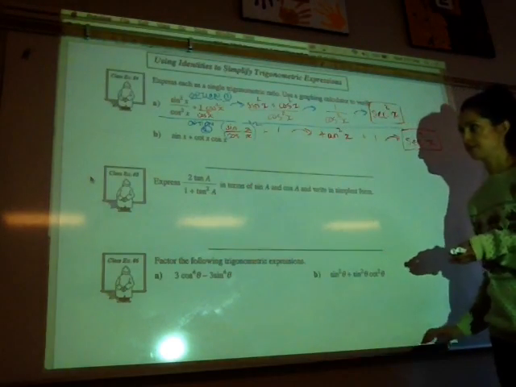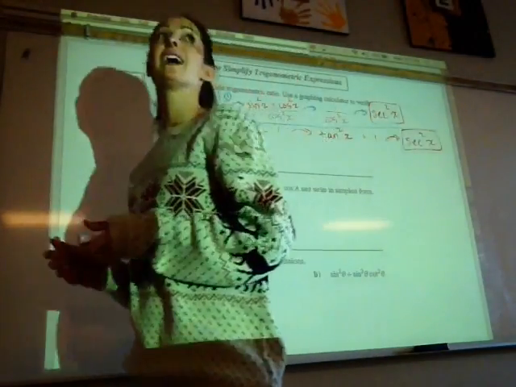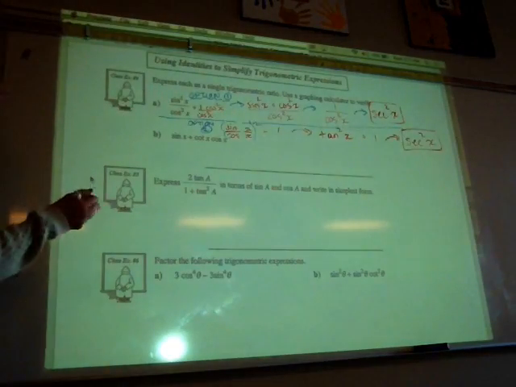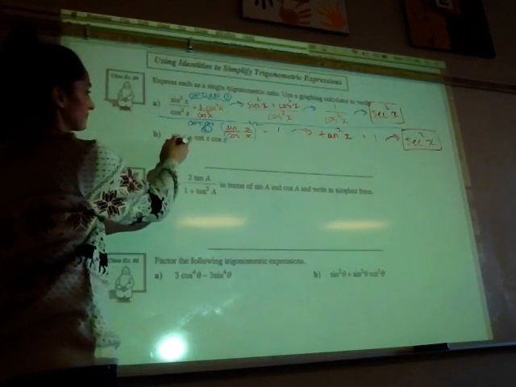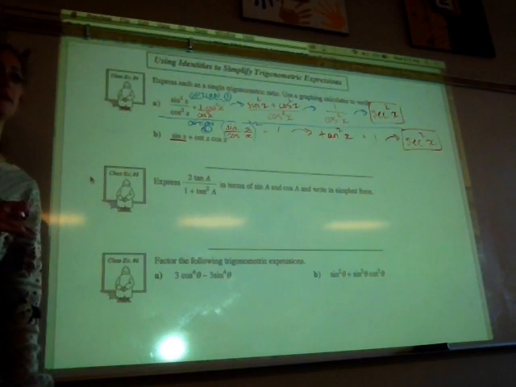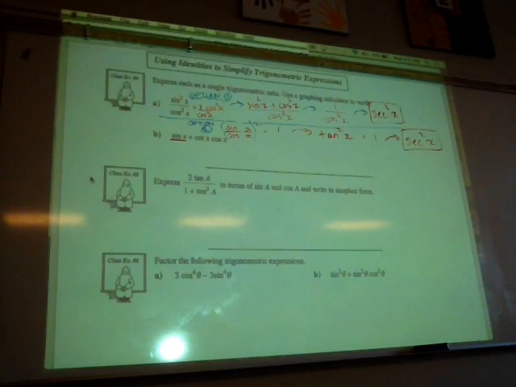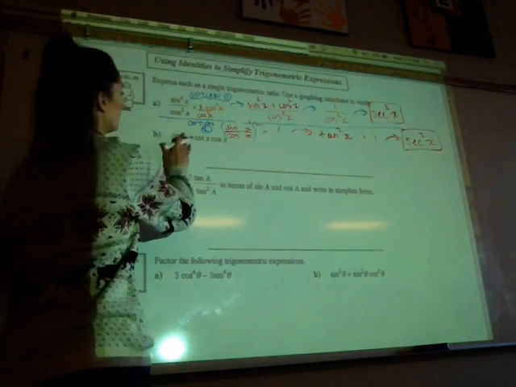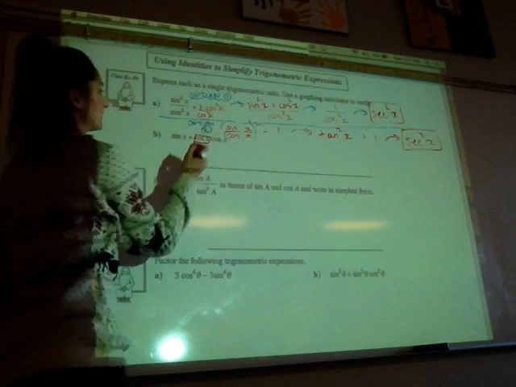All right, next one. Sine x plus cotangent x times cosine x. Do you guys see any identities we could use for sine x? Well, we could put it to y over r, but that's going to just make it really complicated. How about we go to cotangent x?